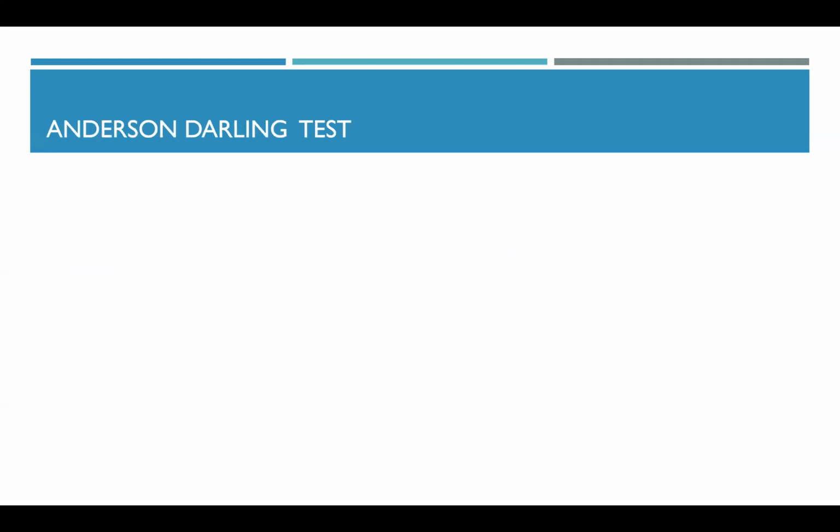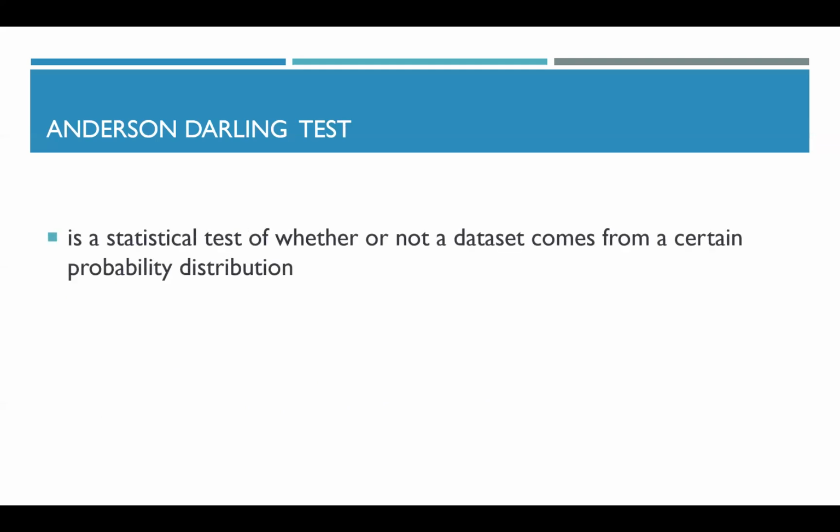All right, so the Anderson-Darling test is, again, a statistical test of whether or not a data set comes from a certain probability distribution. Anderson-Darling could be used to determine whether my sample comes from a uniform distribution or an exponential distribution or a binomial distribution.